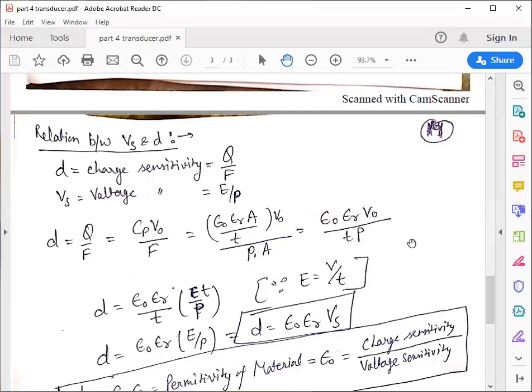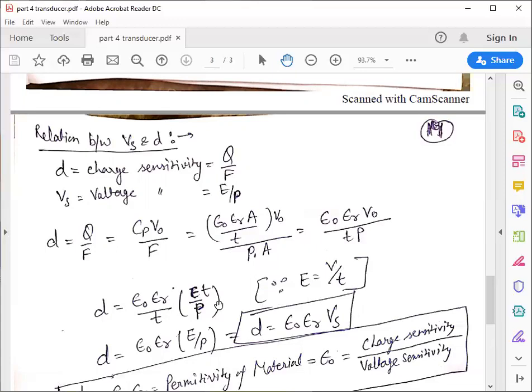Now using these equations we get our result, epsilon naught epsilon r V naught divided by Tp. Now this is equivalent to D. D is equal to epsilon naught epsilon r divided by T multiplied by Et upon P. E is equal to V by T, so V naught is converted into Et.